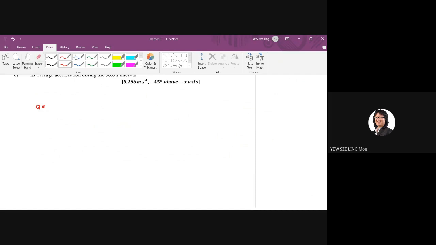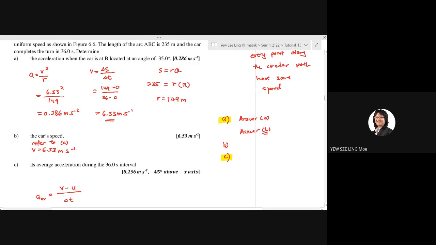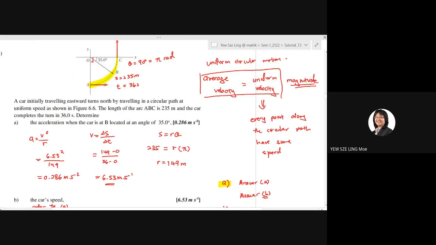When it comes to average value, we are going to need final minus initial. So let's say v minus u over the change in time, 36 seconds. How to calculate v minus u? You cannot simply take the values and subtract them, because the velocities are pointing toward different directions. So you cannot simply subtract them.